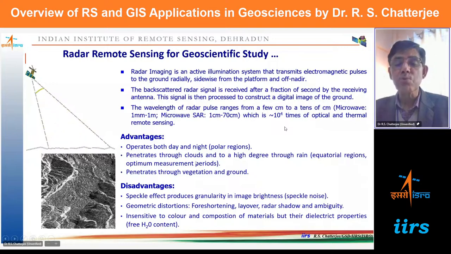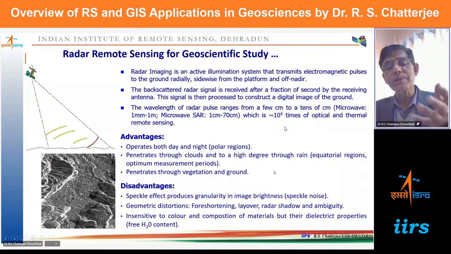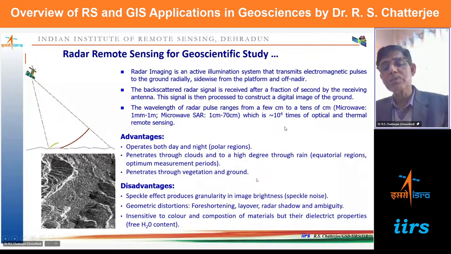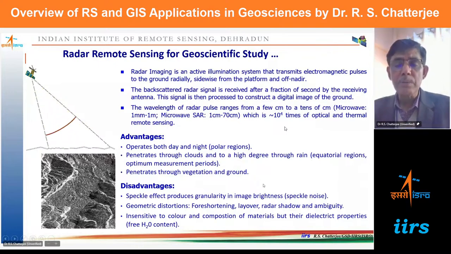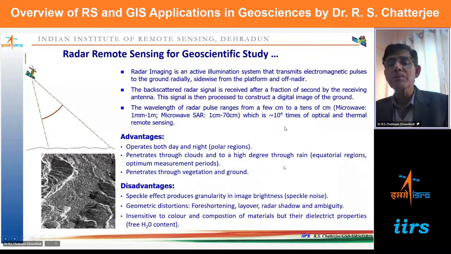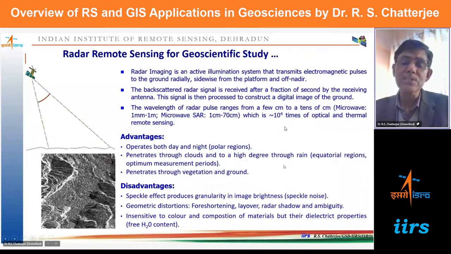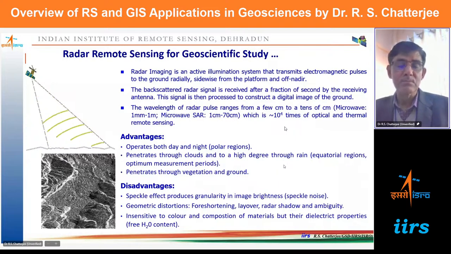Another advantage is it penetrates through cloud, and also through rain, as well as through vegetation and ground. So you can have information about the terrain, even in the forested area. You can have information about the subsurface features. And most importantly, during the rainy season, you can have an image. It does not depend on the cloud. Whereas in optical remote sensing or thermal remote sensing, if there is cloud, you will not get anything.